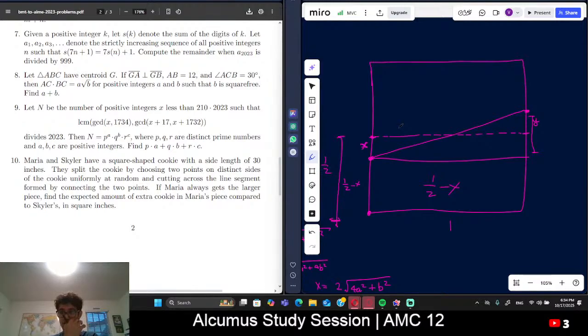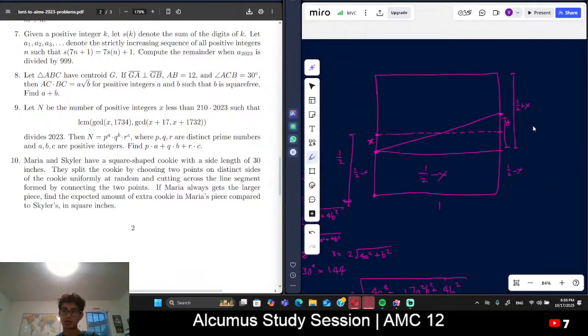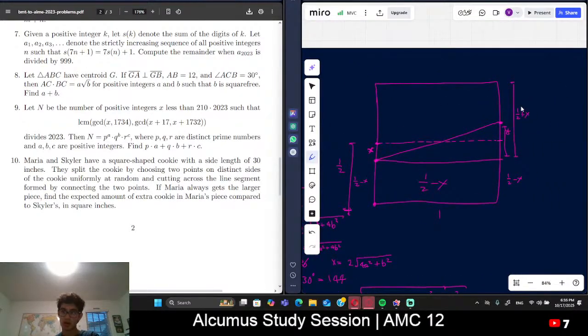So let's actually get to it then. X and y, right? So you can go from 0 until that height here. So this is going to be 1/2 plus x, because this is 1/2 minus x, right? These add up. And so what you'd end up getting is a half of this times x, and then times another 1/2.